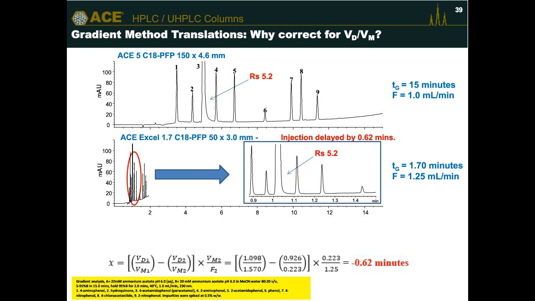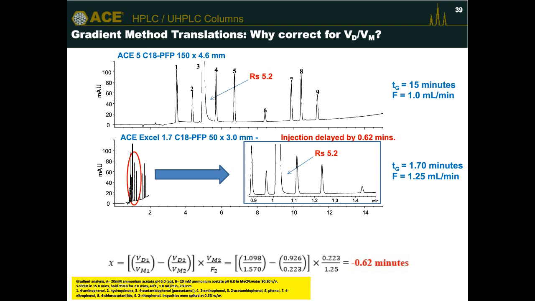So we have to times that by the new column volume over the flow rate, which suggests that we need to start the gradient and then inject after the gradient started, because the dwell volume, or the difference between the systems, is significant.